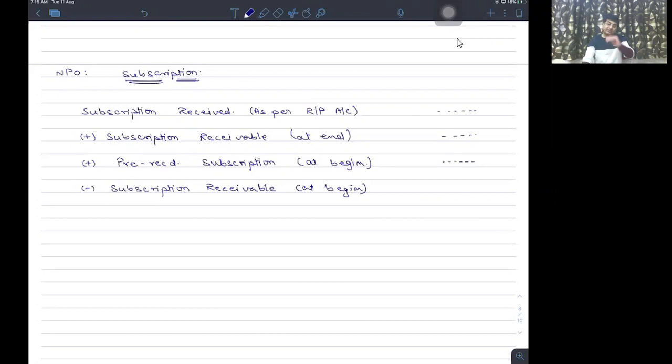So it is the preceding year's income which is received in current year, so it cannot be treated as income of current year. And as it is not related to the current year income, therefore we are subtracting it from the subscriptions received during the year.